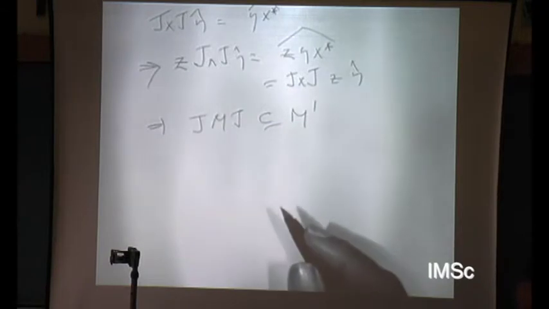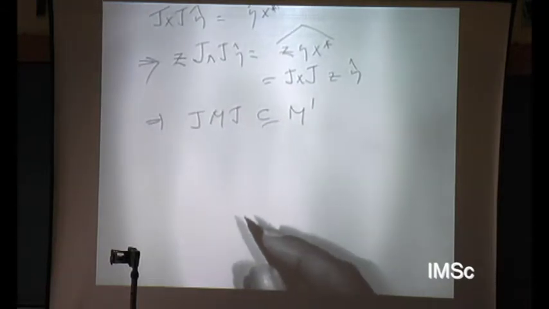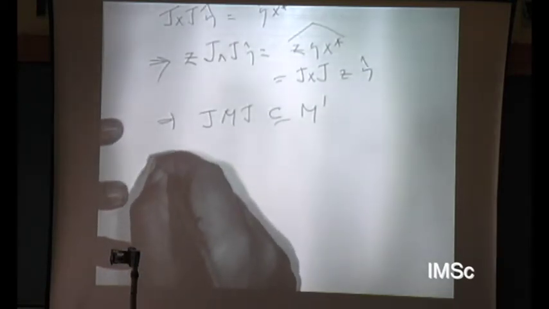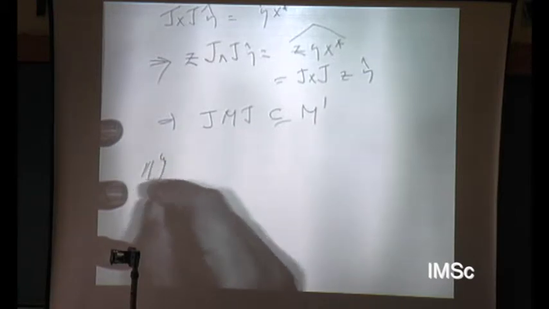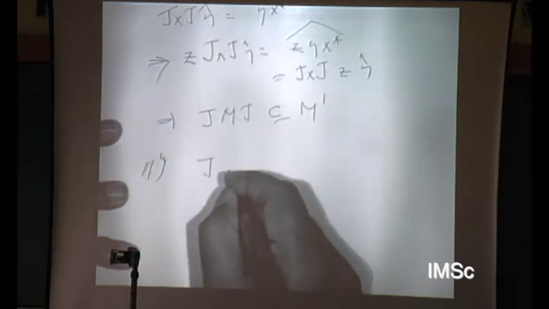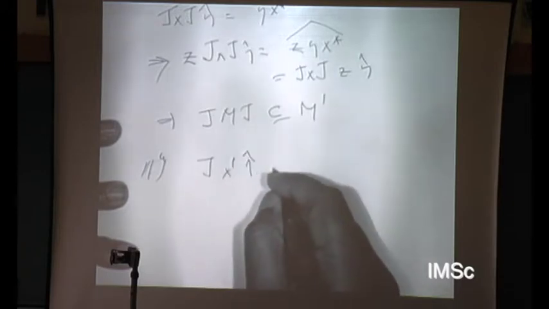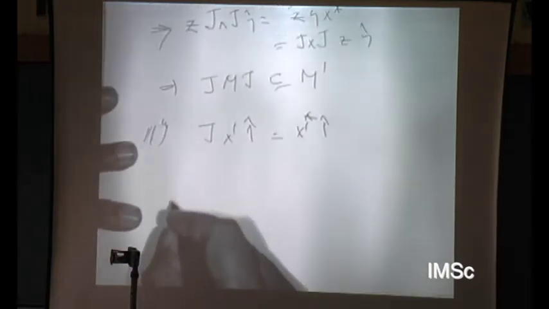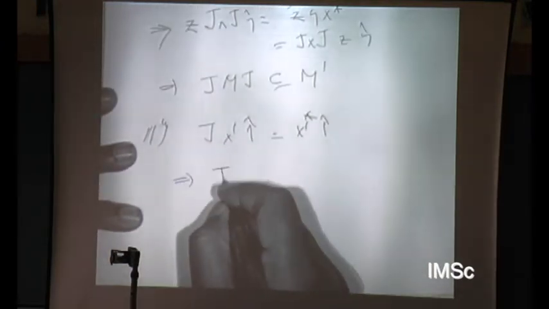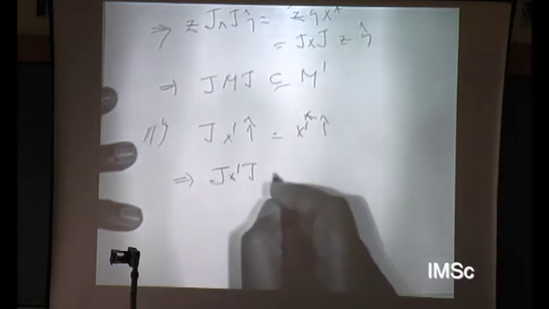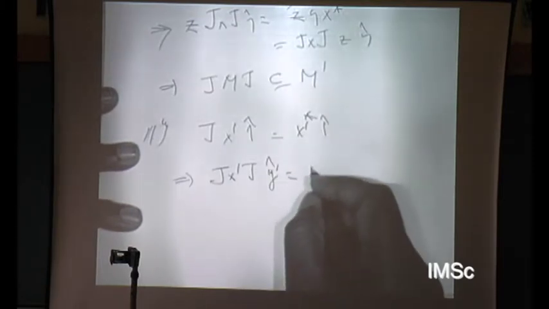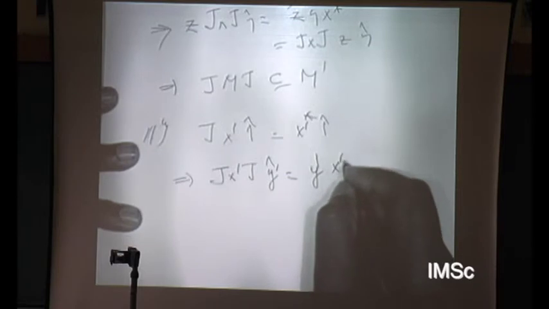Since I proved the same thing for M prime now, similarly J x prime 1 hat equal to x prime star 1 hat will imply that J x prime J of any y prime hat equals y prime x prime star the whole hat.